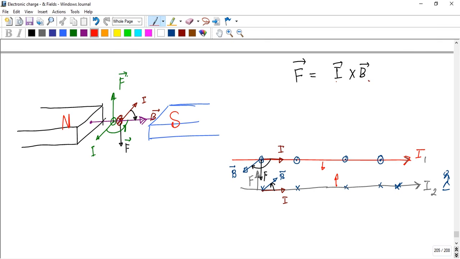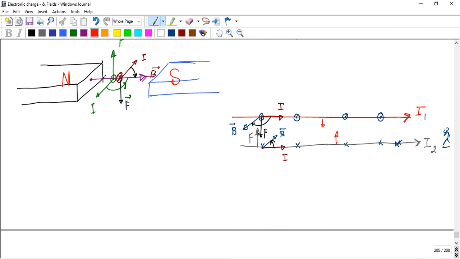There is a force. Now if I change the direction of the current, suppose I1 stays the same and I2 is reversed, in that direction.